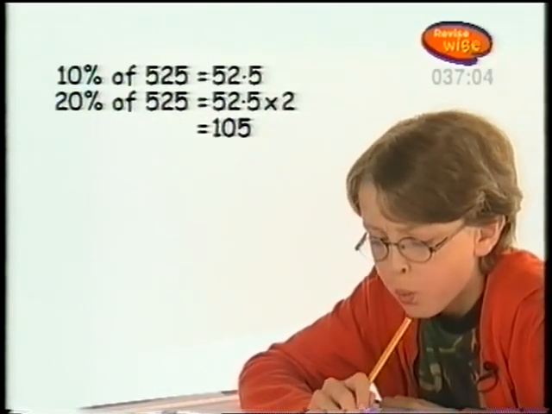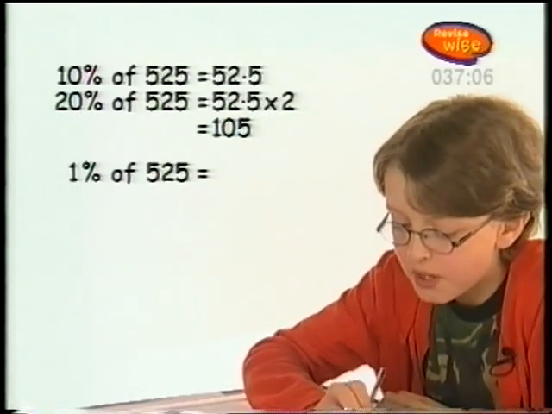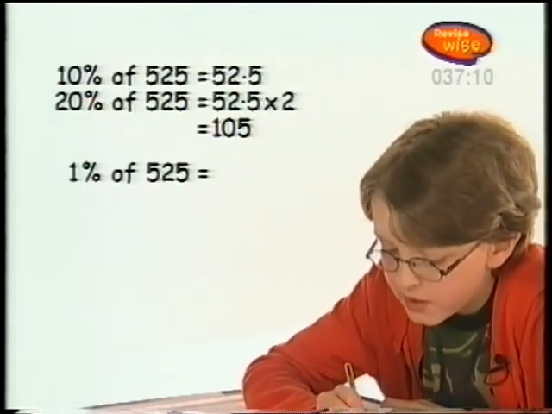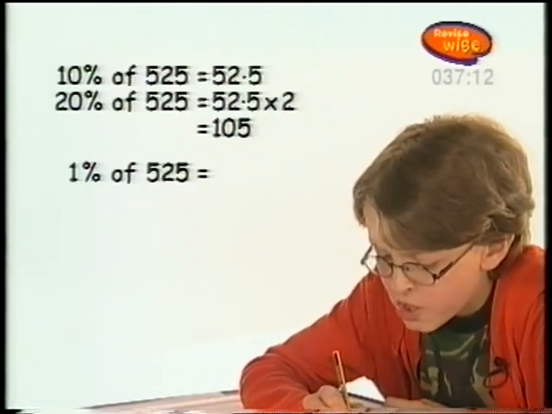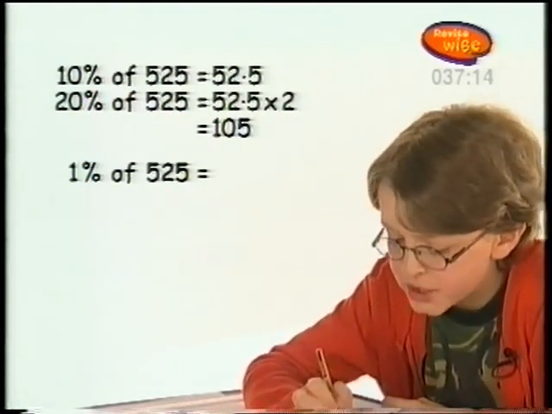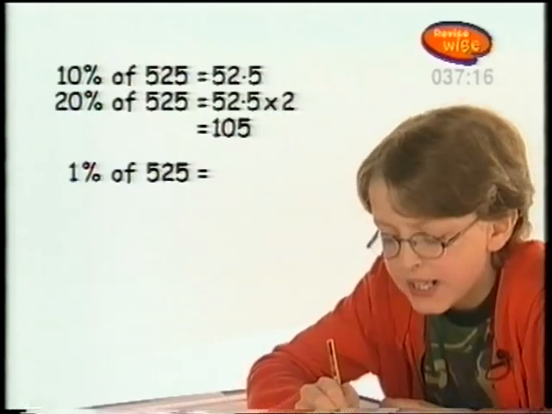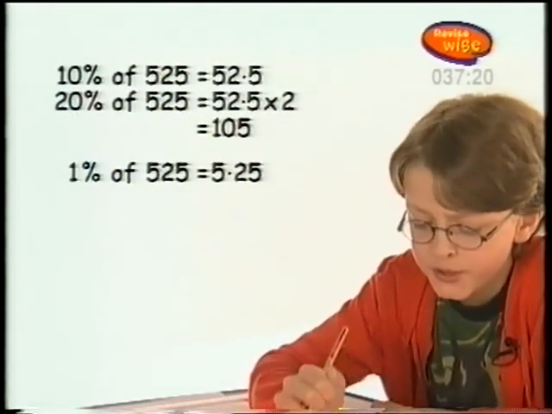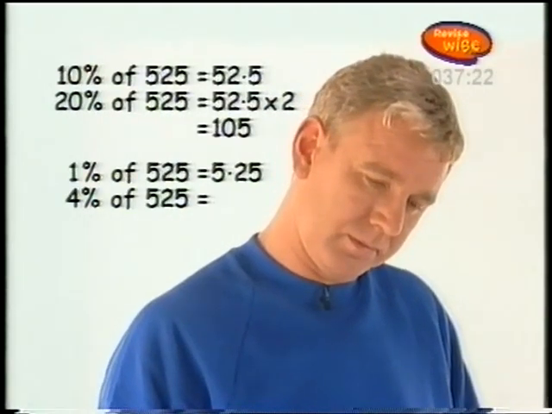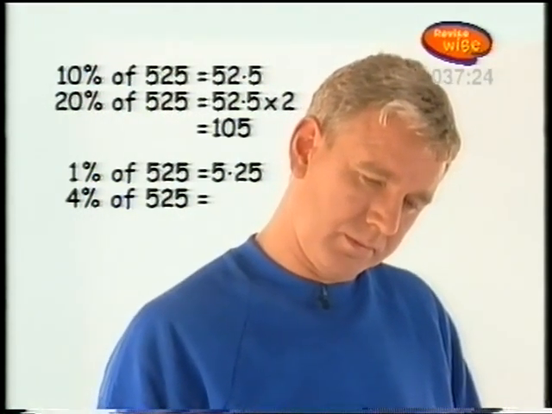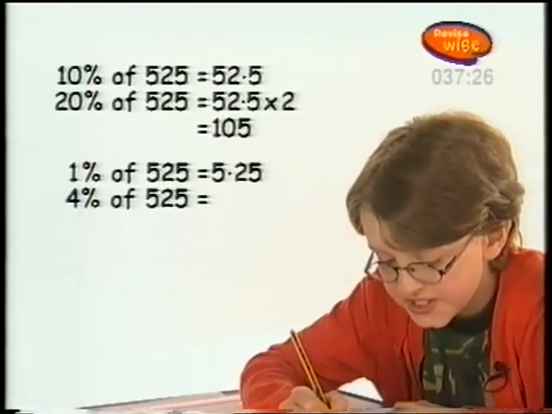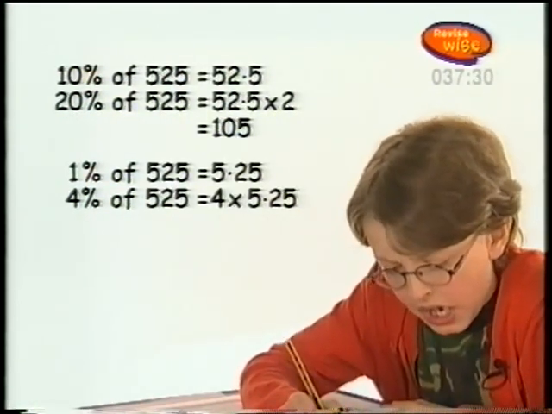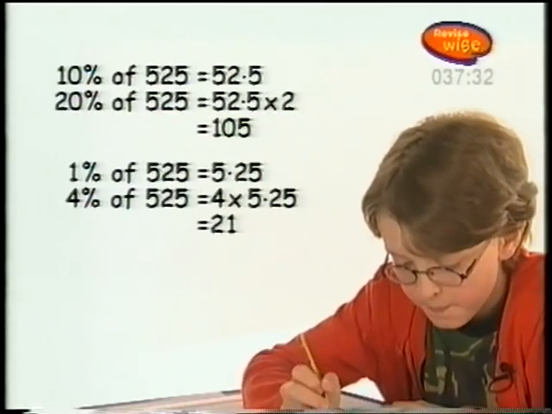Now, 1% of 525 is 1/10 of 10%, which is 52.5 divided by 10, which is 5.25. 4% is 4 times that, which is 4 times 5.25, which is 21.